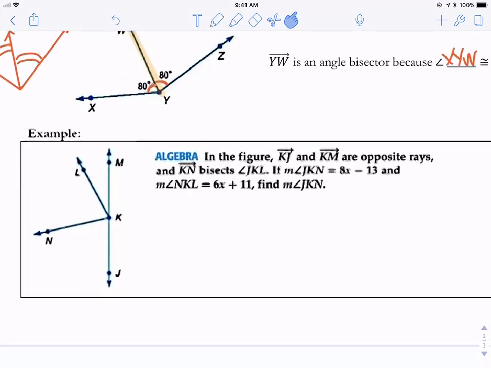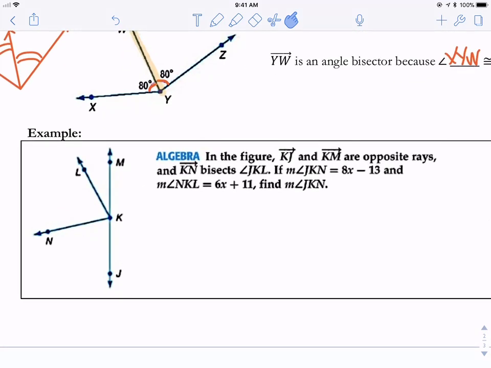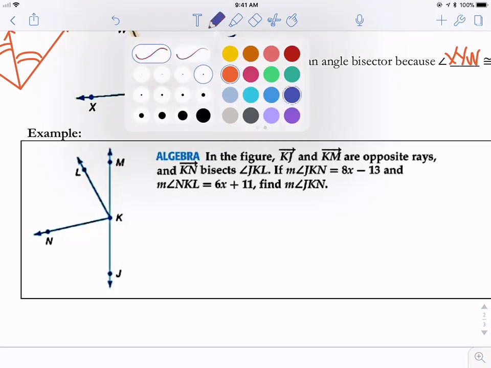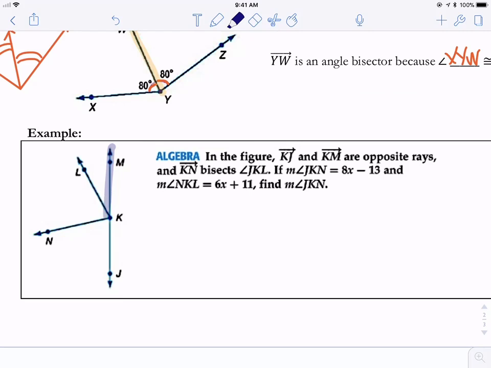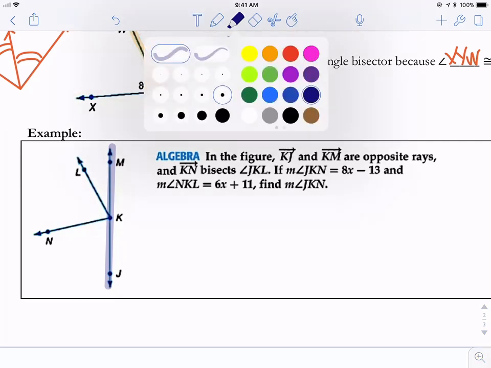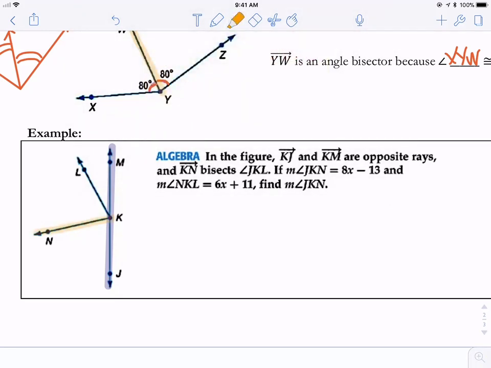Okay, last example. In the figure, ray KJ and ray KM are opposite rays. So again, that's basically just telling you that that makes a straight line. Ray KN bisects angle JKL.